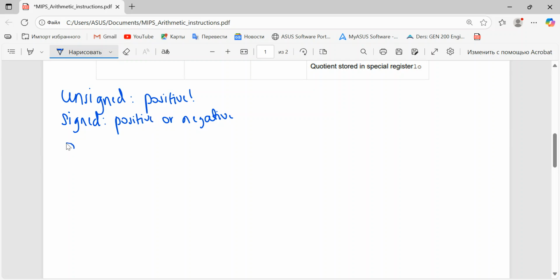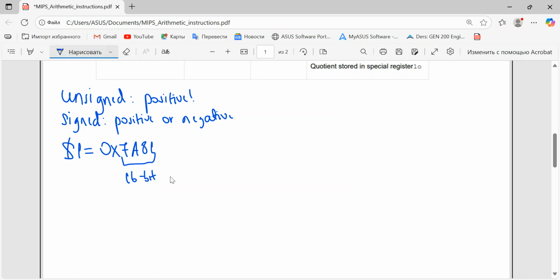For example, let's say we have the $1 register and its value is, let's say, 7A81. The number is a 16-bit value, but we have to extend it to the 32-bit format. So how do we do it?